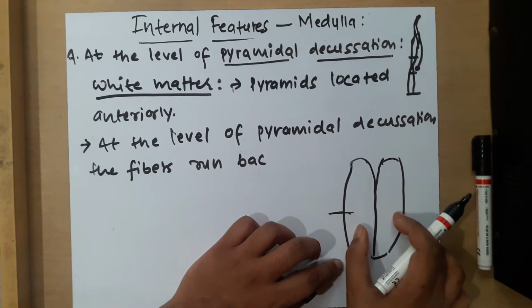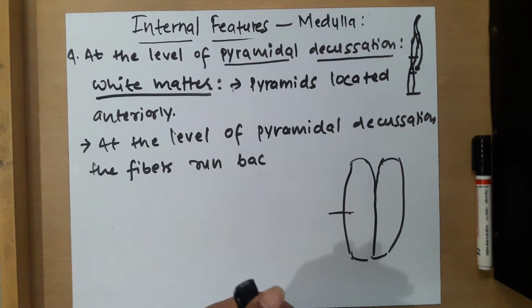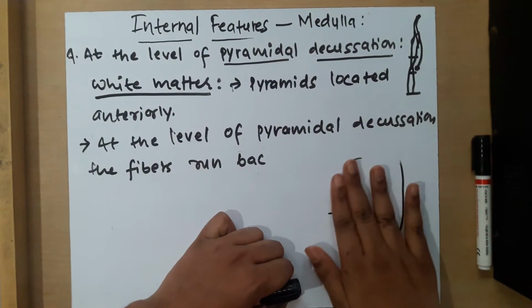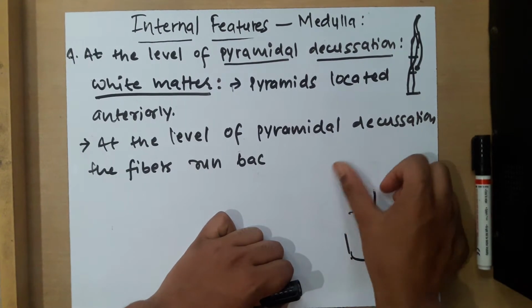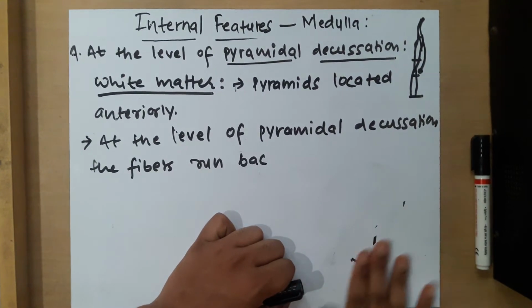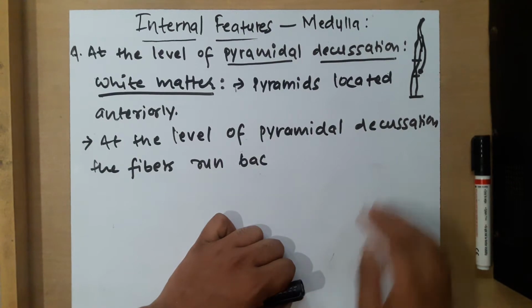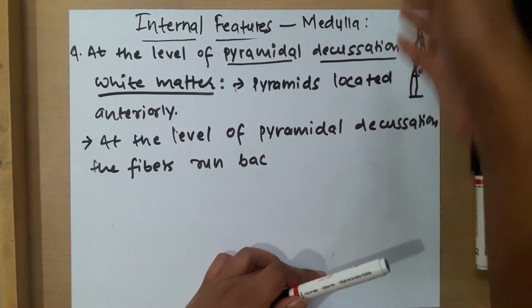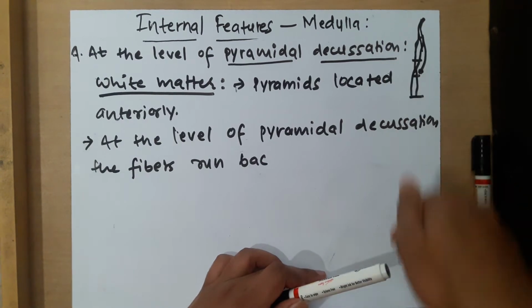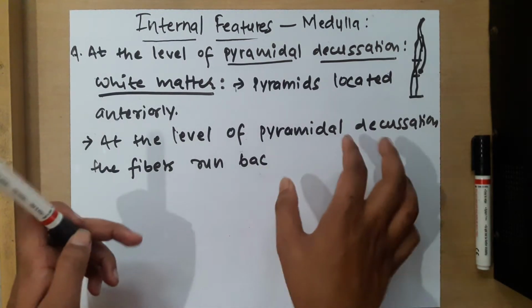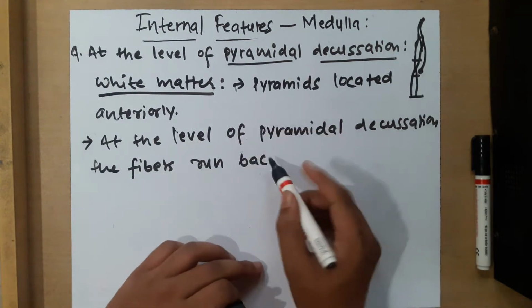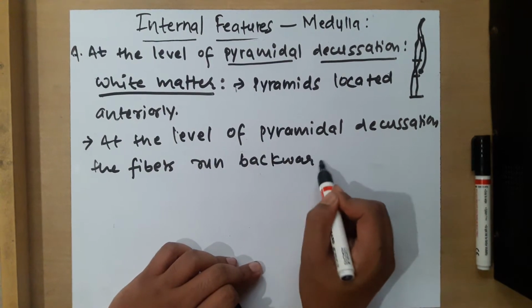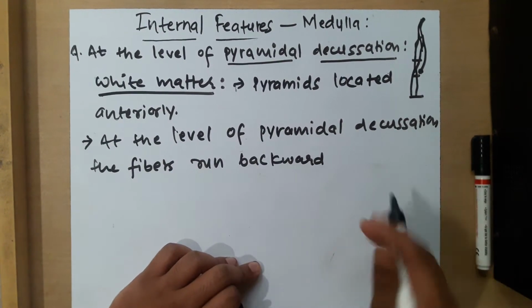Yes or no? They are the anterior parts. So the pyramids are located anteriorly. The fibers come from the cortex straight, through the pons towards the medulla, but at the level of pyramidal decussation, the fibers run backward. You will be much more clear when we draw the diagram.